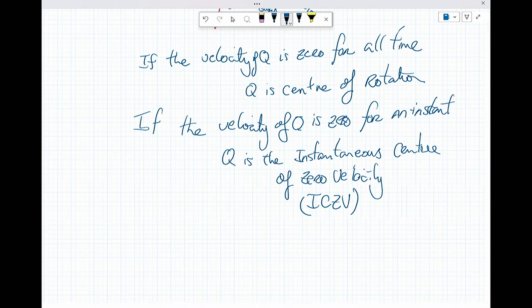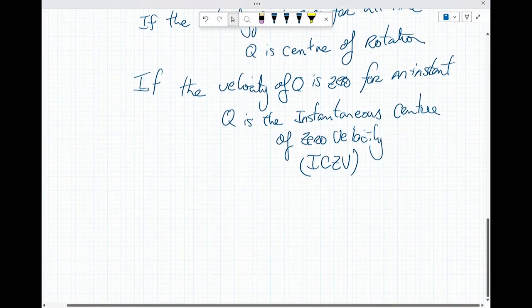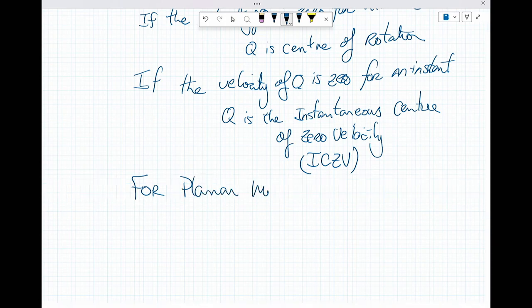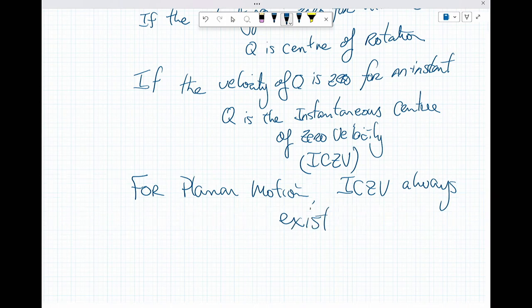Okay, so I have two choices. Generally, when we're dealing with problems here, we're going to see instantaneous centers. For any type of planar motion, you will always have an instantaneous center.